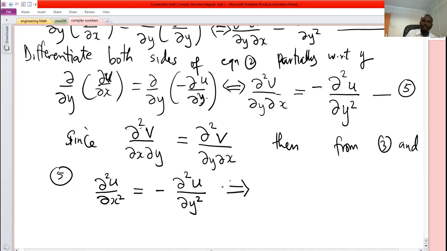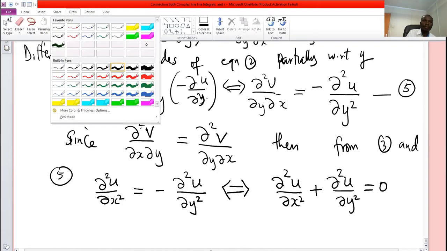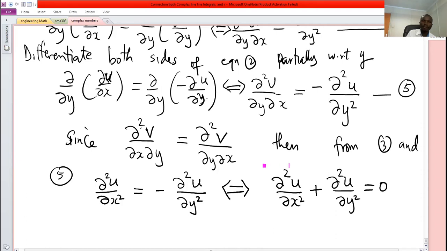On rearranging, taking this one to the left hand side, we have partial squared u partial x squared plus partial squared u partial y squared equals 0. So you see that u is harmonic because it satisfies the Laplace equation.